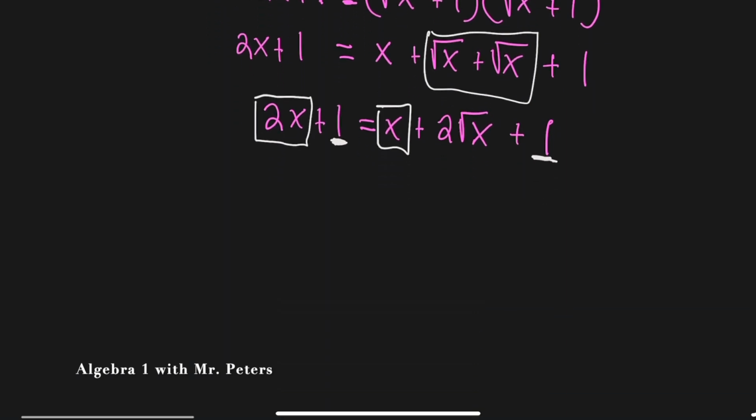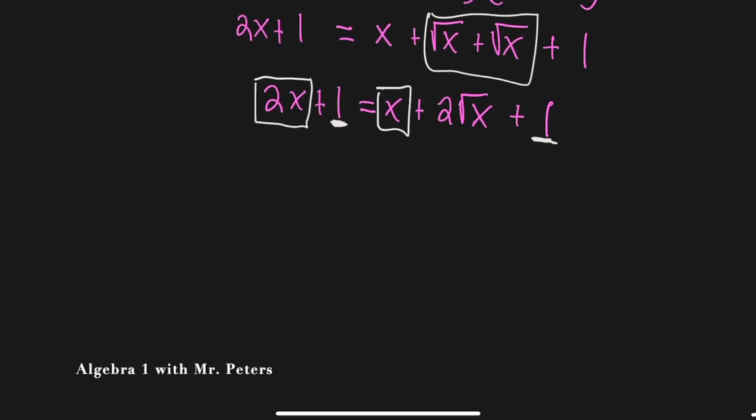So on the next line, what we should have for this equation is x is equal to radical 2x, I'm sorry, radical x.